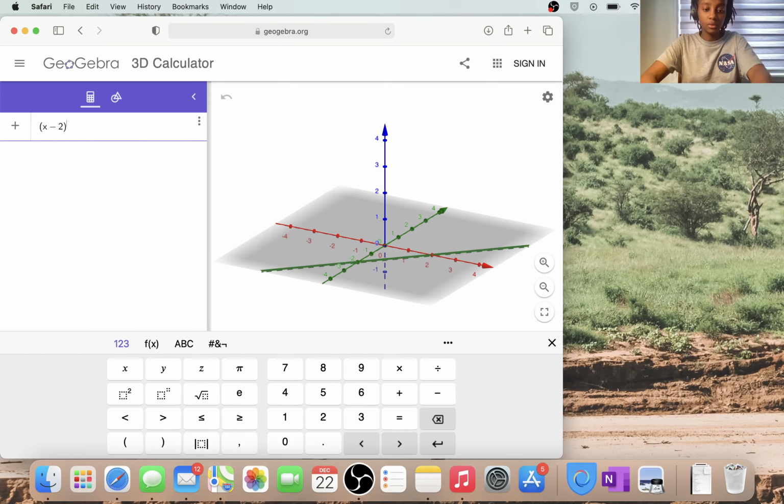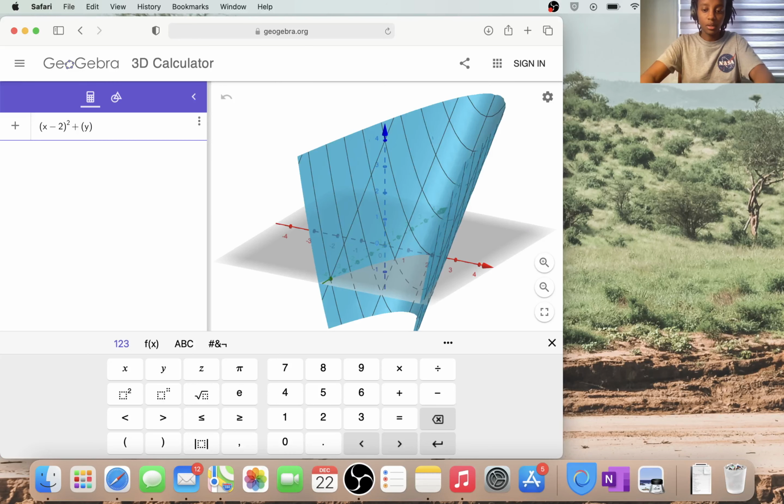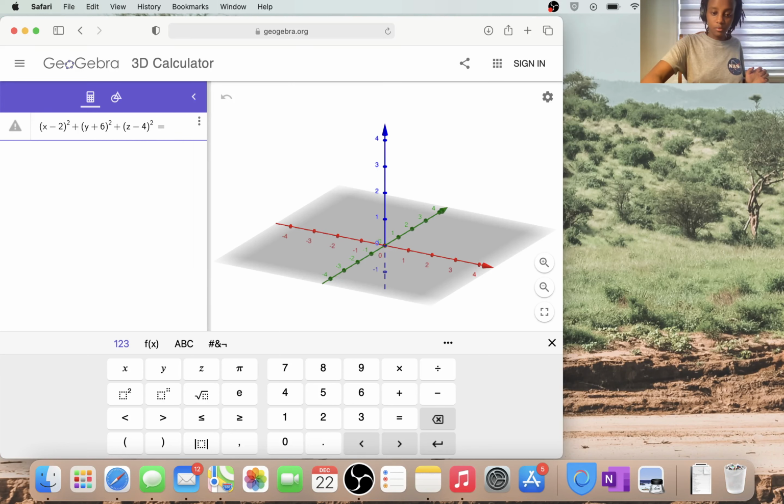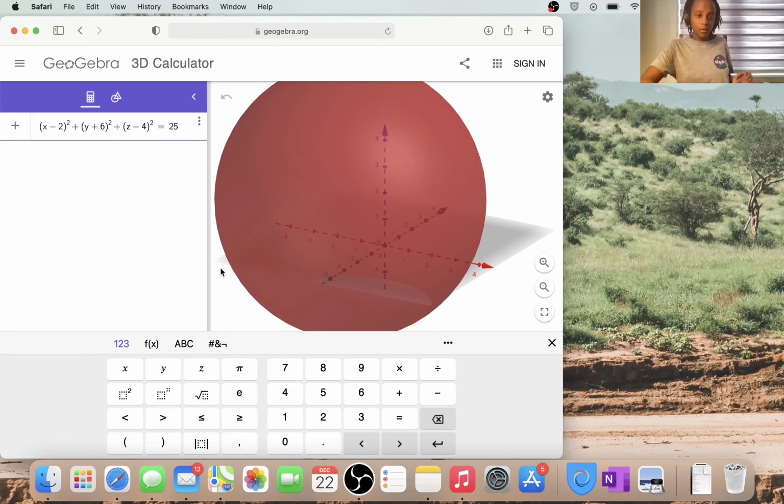So x minus 2 squared plus y plus 6 squared plus z minus 4 squared. And let's not forget about the radius.